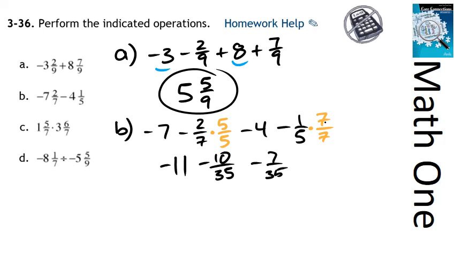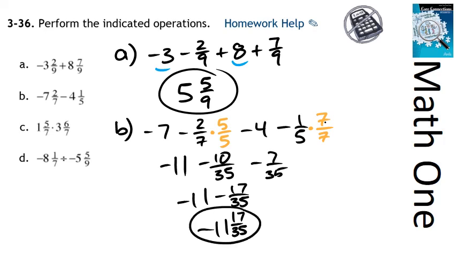Now, what's nice about that is I can combine those. They're both expressed as 35ths. So my answer, the next step I write is -11, and then I've got a -17/35ths. I can now combine those back into this notation. This is -11 and 17/35ths, right? -11 and a -17/35ths together. That is a little bit more complicated, but it was nice that we could review how we get common denominators so that we can combine fractions.